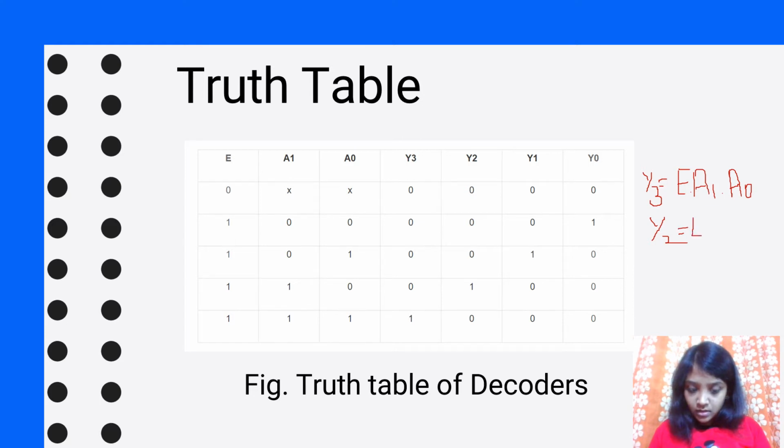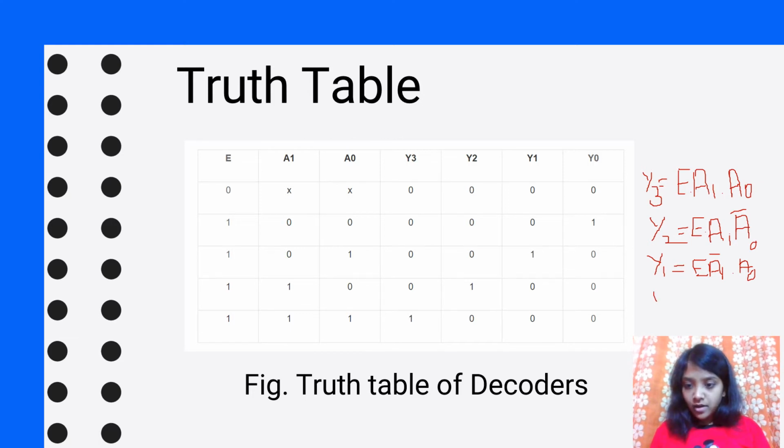Y2 will be E into A1 A0 bar. So for Y1 it is E A1 bar and A0.